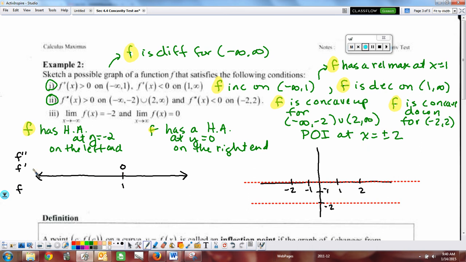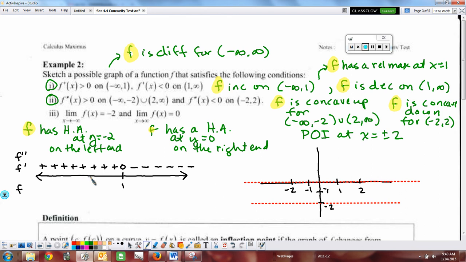And we know that before 1, and sometimes when I start doing this, because I'm going to be adding multiple pieces of information on here, I put a whole bunch of these to know that it's positive before 1 and then negative after 1. That way it helps when I put the second derivative's critical values on there, or the possible points of inflection. So then we had points of inflection at plus or minus 2. So I'm going to add those in.